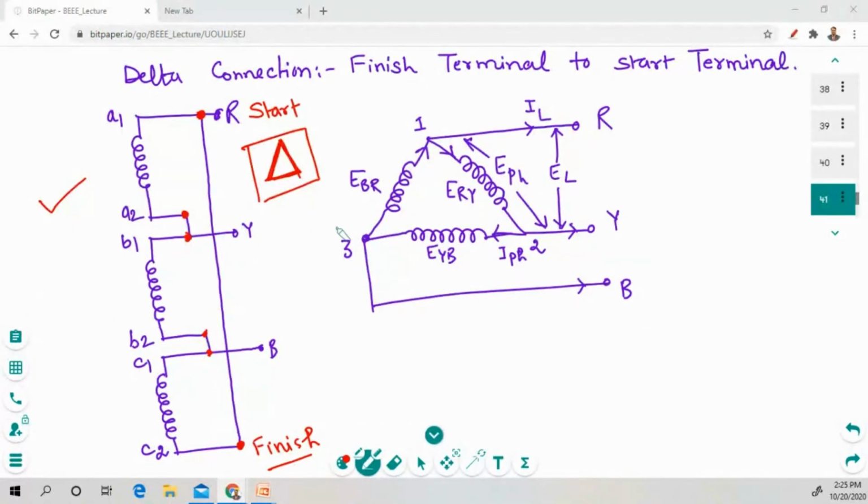I'm going quickly to demonstrate this. The phase voltages are across the fields in the circle. All the phase currents are also represented in the circle. Now all the line currents and phase currents.